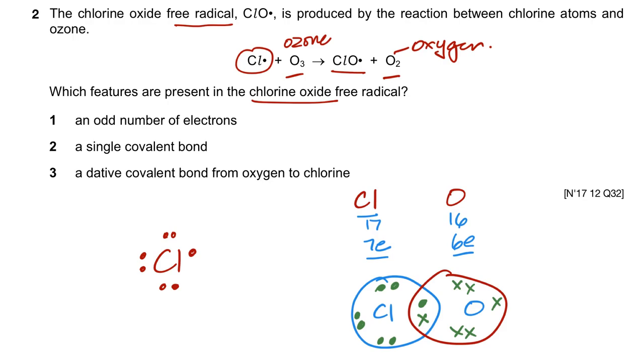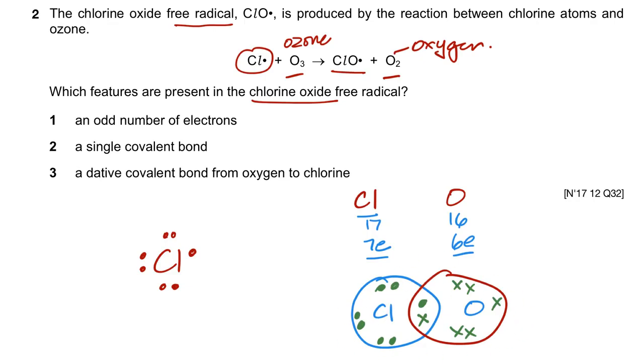You can't have more than 8 and be unpaired. You'll realize that free radicals do not fulfill their octet and have fewer electrons. So here, oxygen is sharing 1, has its own 6, didn't complete the octet, but also has an unpaired electron. This is the most likely structure for ClO, given the bonding rules that you've studied.